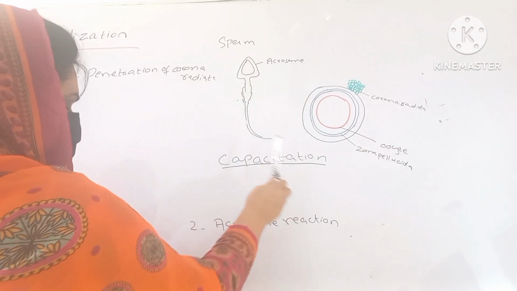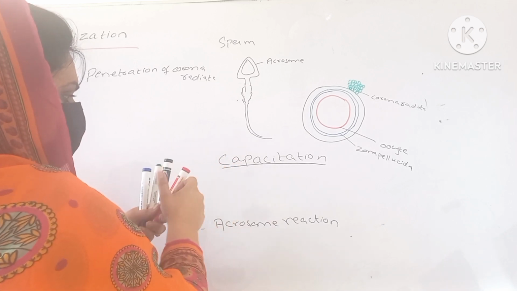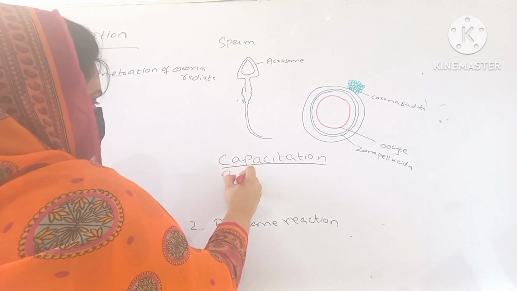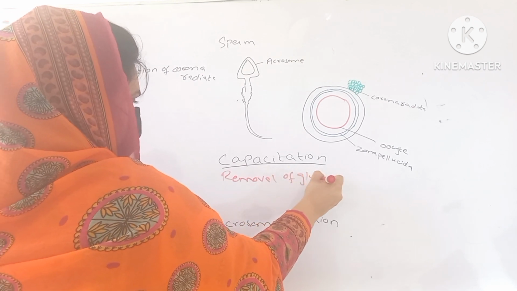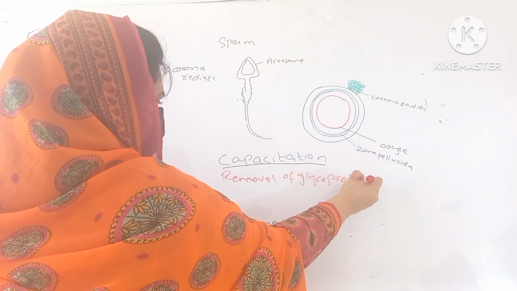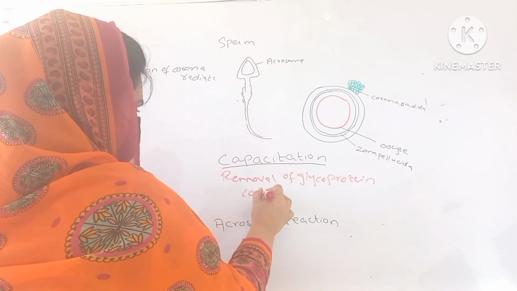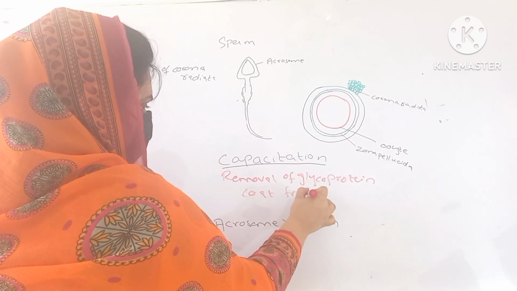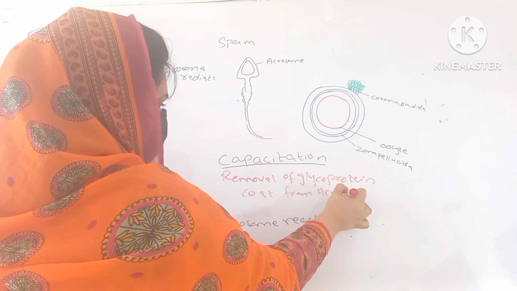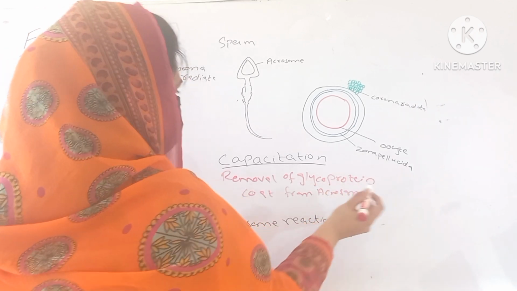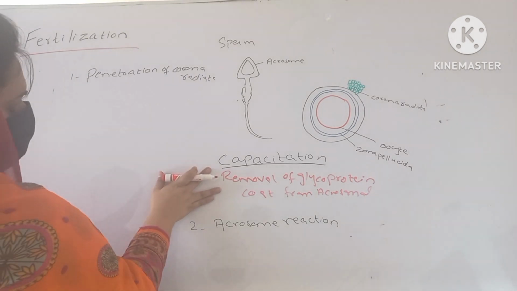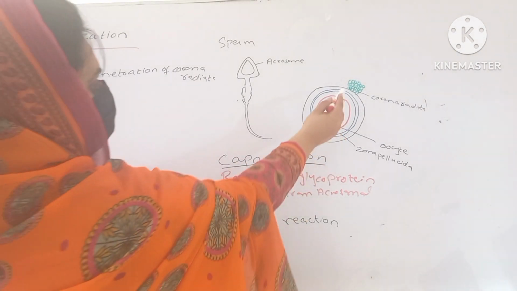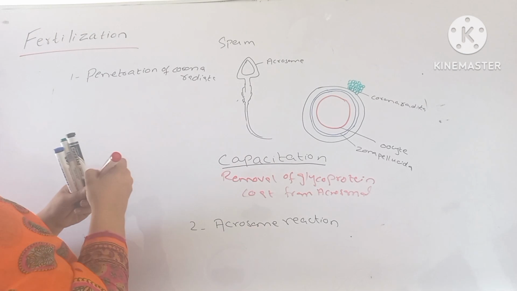Capacitation is the removal of the glycoprotein coat from the acrosomal cap of the sperm. This reaction must occur for penetration into the corona radiata.